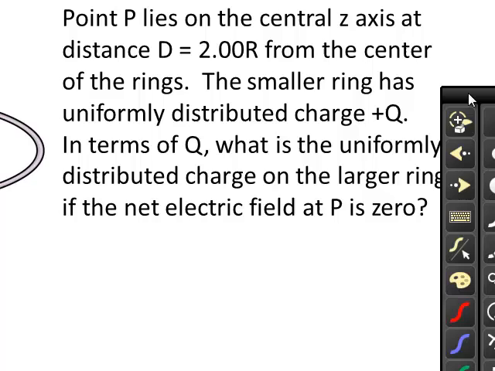All right. So number 22 worked out okay, right? Not too terrible. Number 28 has to do with this problem right here, the two rings and the electric field and all that goodness.